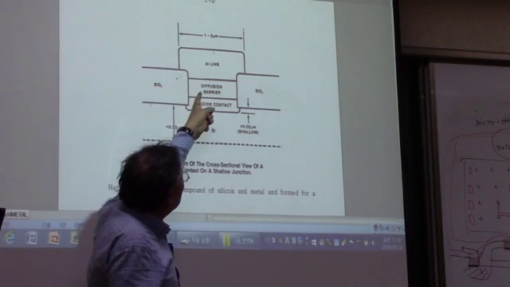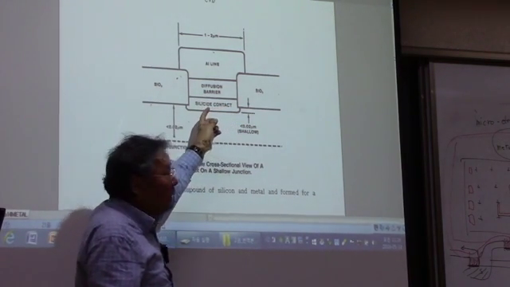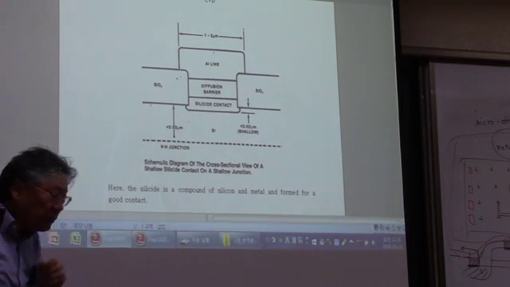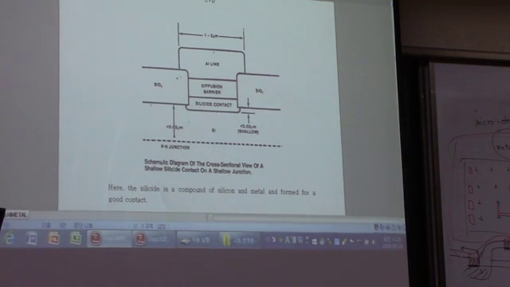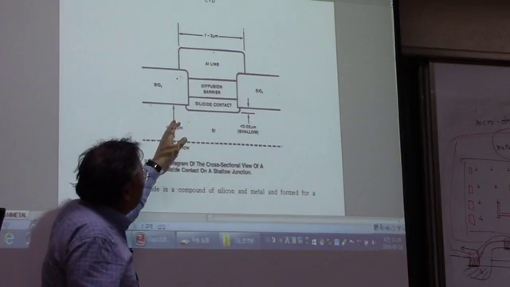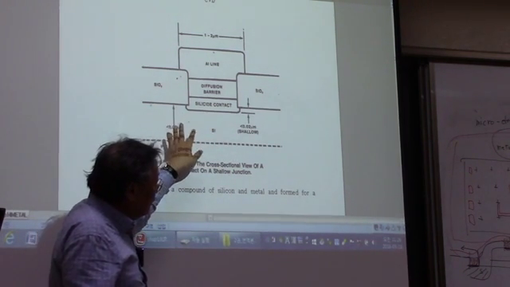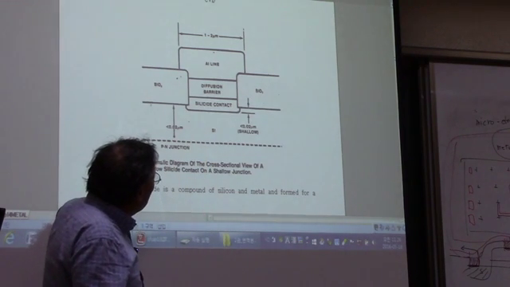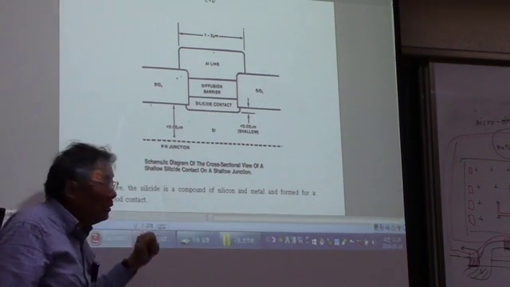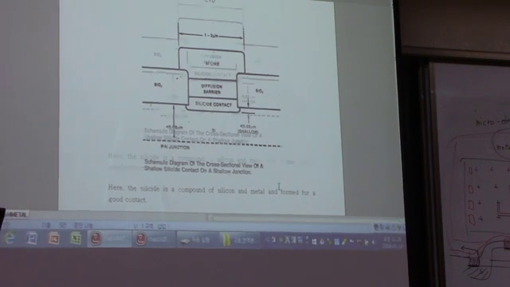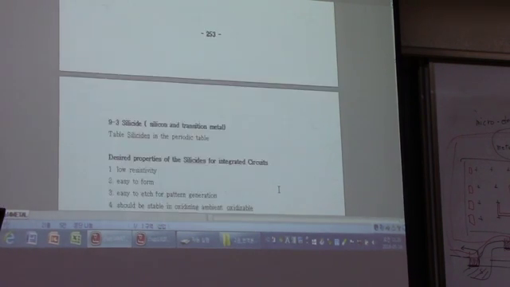So we use the refractory metals to form this diffusion barrier. And then form aluminum lines like that. So we have this complicated structures, if you look at the cross section there. And we are going to discuss why we need that complicated structure in this lecture, okay?